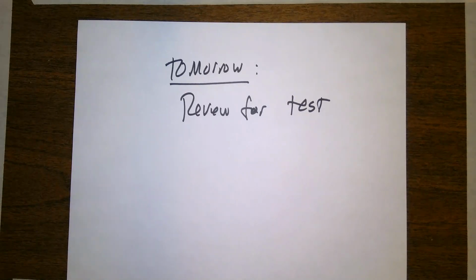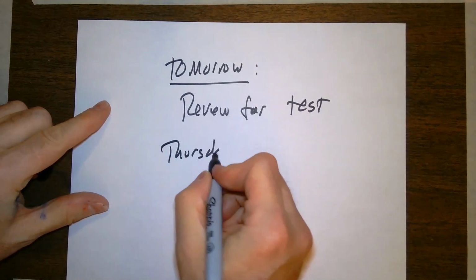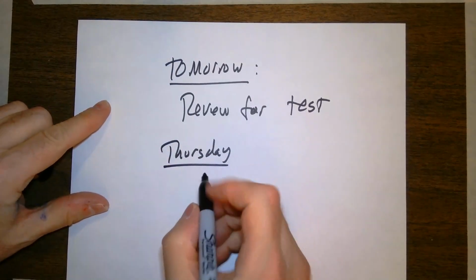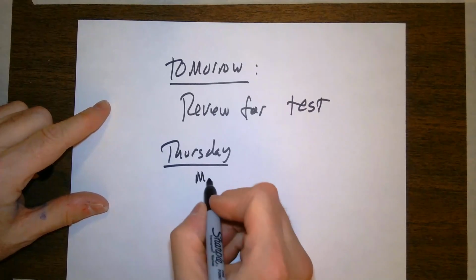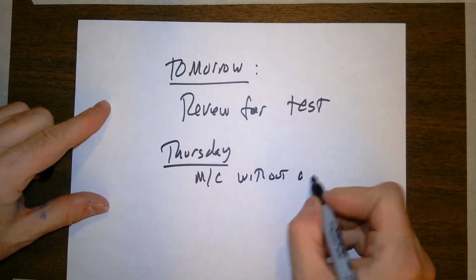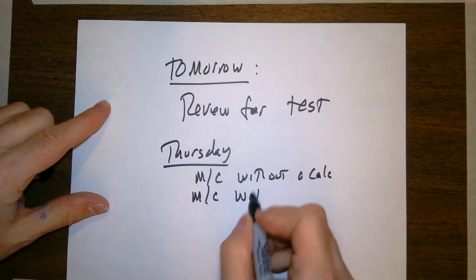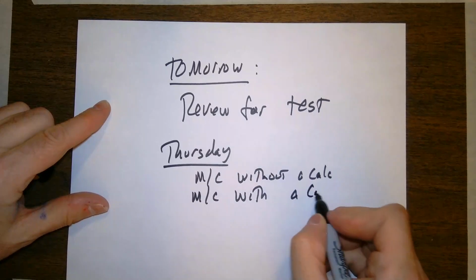So tomorrow on Wednesday, we will be doing the review activity. And then Thursday and Friday will be the test. Thursday, AP style will be multiple choice without a calculator, and then multiple choice with a calculator.